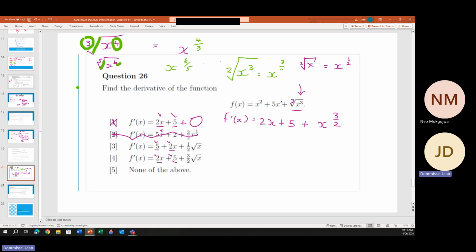I wanted to show you that one, because sometimes they show us weird roots and then one is very confused, or it's like you haven't seen any of that before.